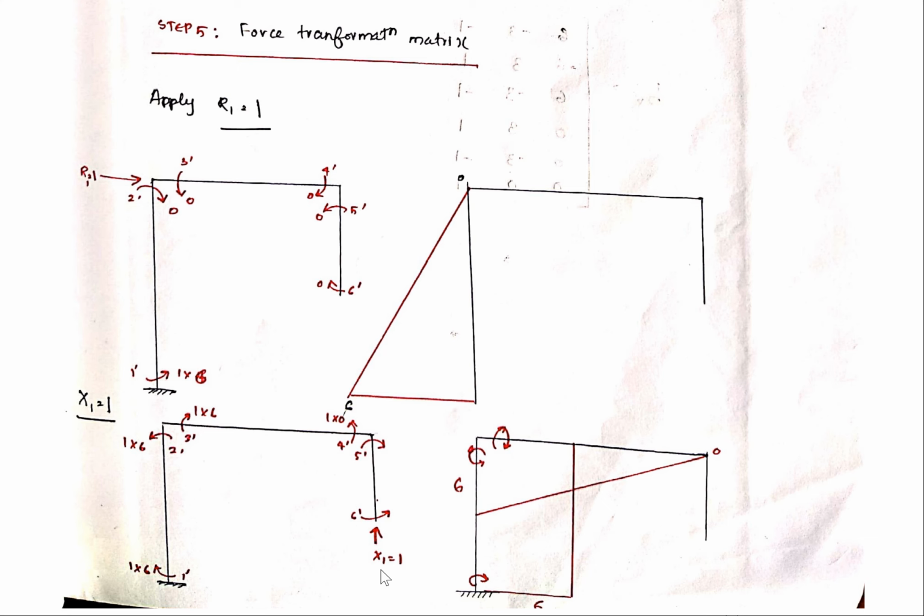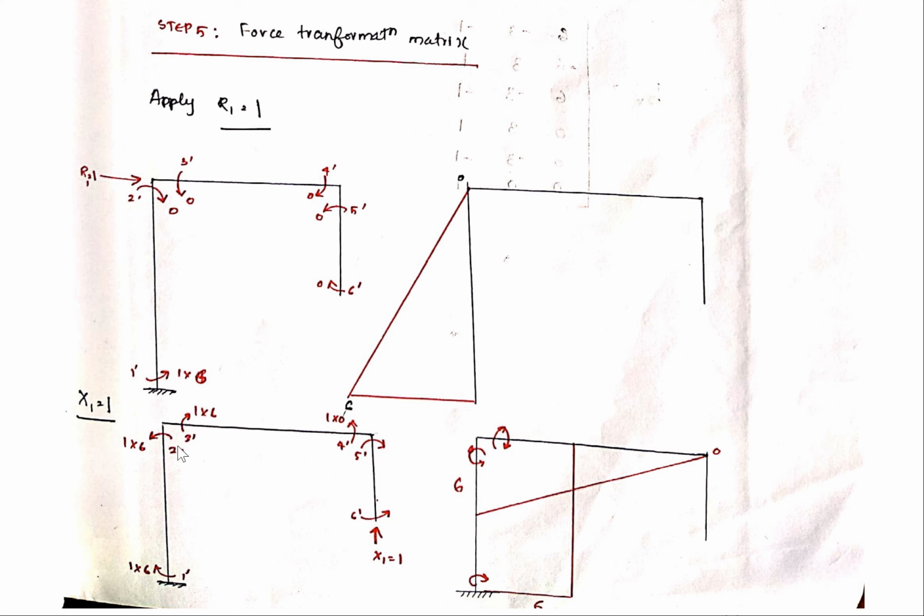When you apply x1 equal to 1, our fifth and sixth coordinates will be equal to 0. The fourth coordinate also will be 0 because there is no distance. The fourth, fifth and sixth moments will be 0. The third coordinate will be 1 into 6, again BC is 6 meter, in the clockwise direction, so positive 6.